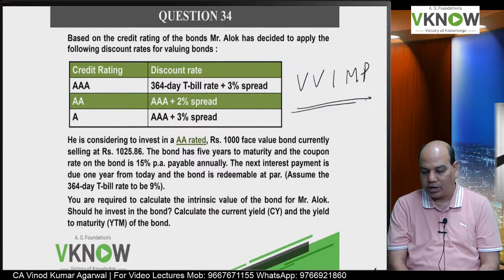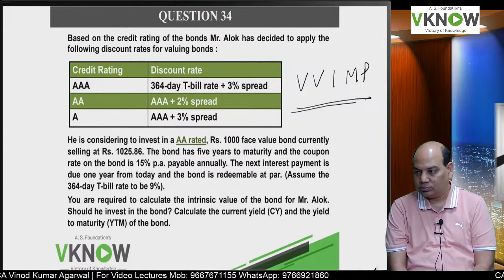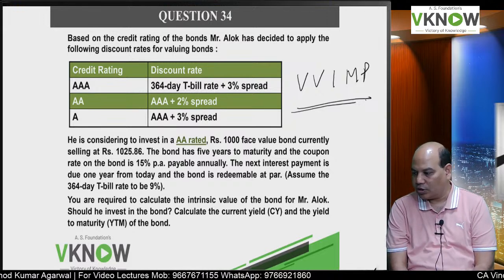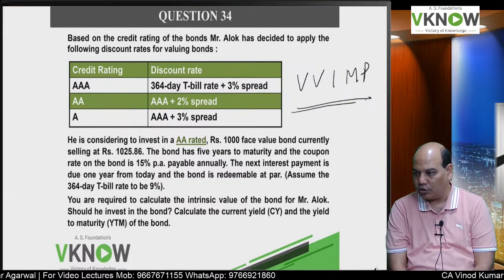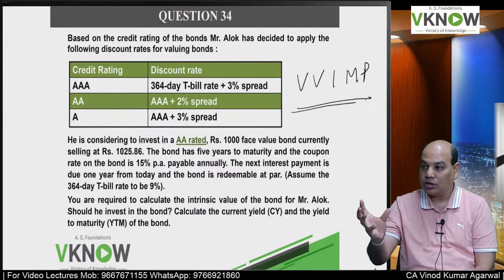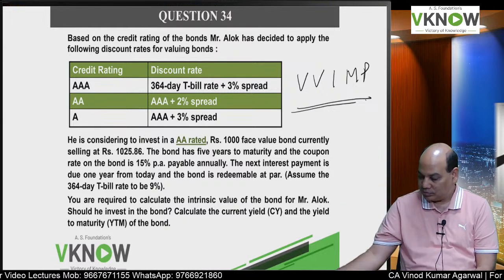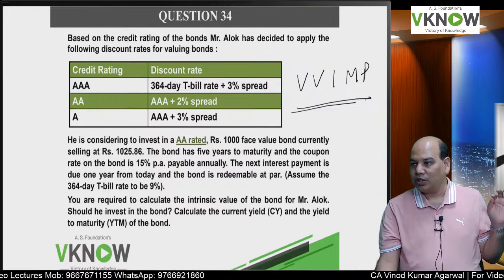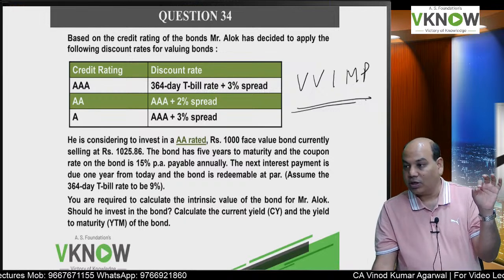Based on the credit rating of the bond, Mr. Alok has decided to apply the following discount rates for valuing the bond. Mr. Alok is a smart man like you. He thinks that he will use a discount rate depending on the credit rating.